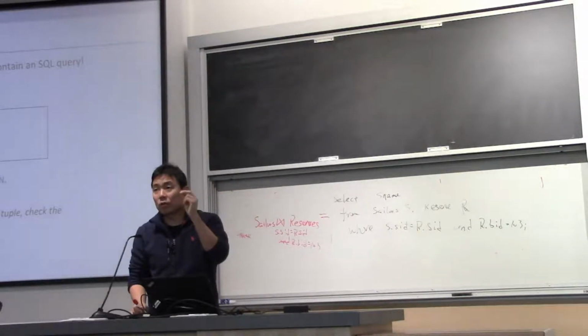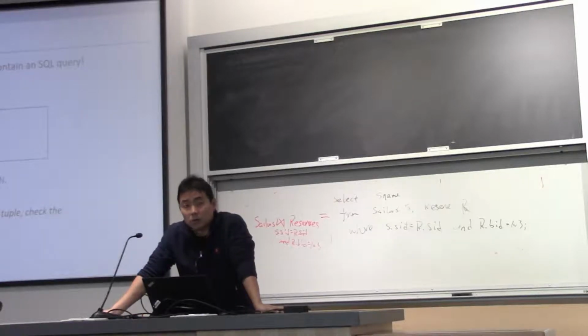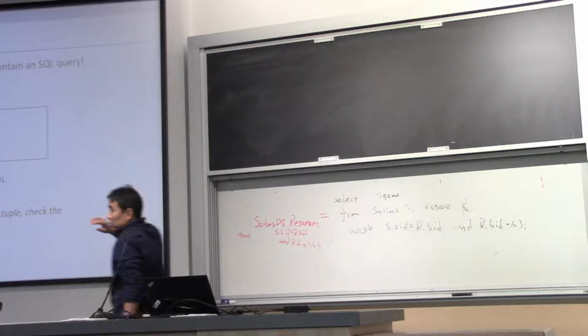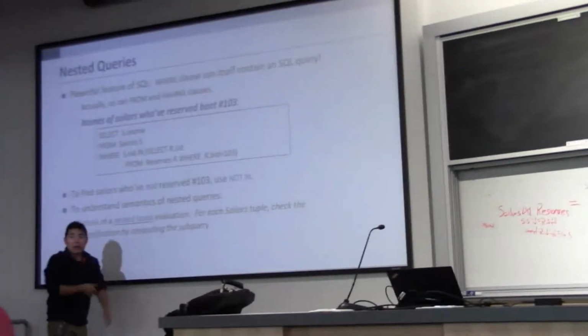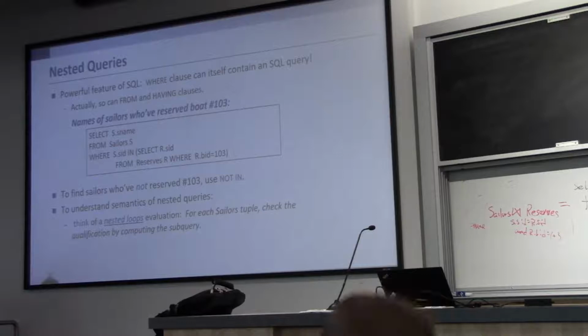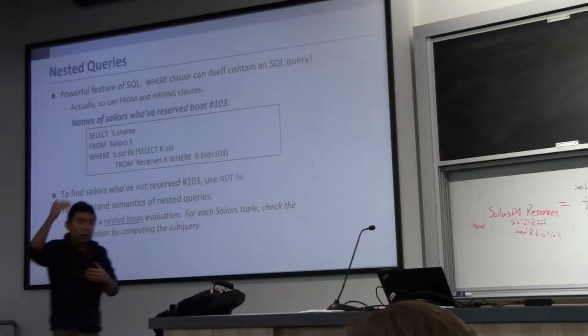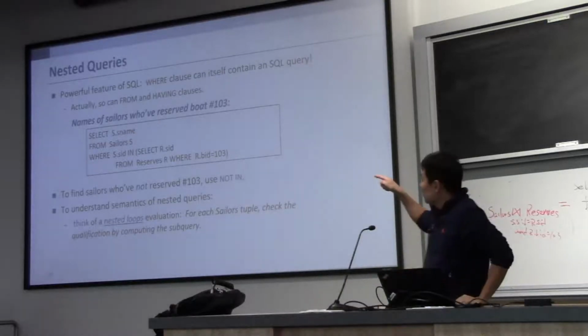Now suppose I want to do this using a nested query construction. What you would do, very intuitively, is in the inner block, I'm going to find those sailor IDs who reserved both 1 and 3. So the inner block does nothing else but give me a list of sailor IDs who reserved both 1 and 3. And in the outer block, what I will do is I go through the sailors table, and I'm going to use this keyword called in.